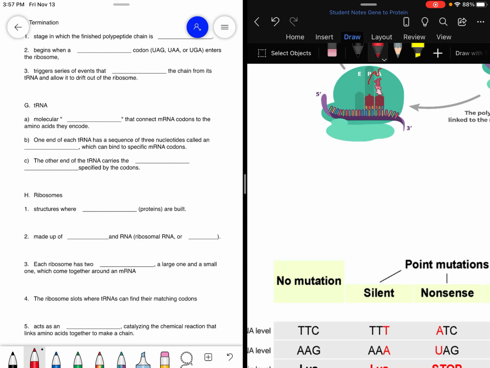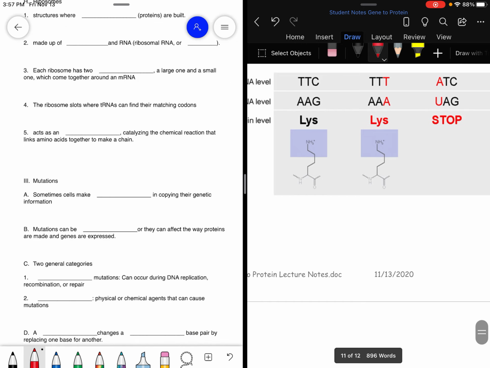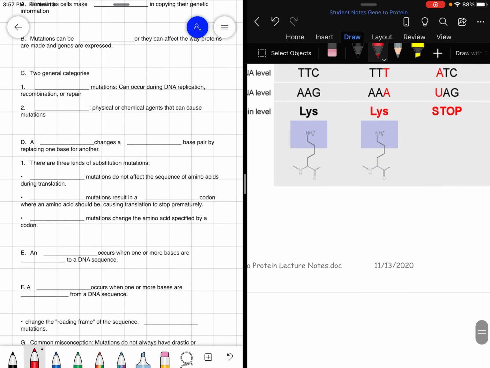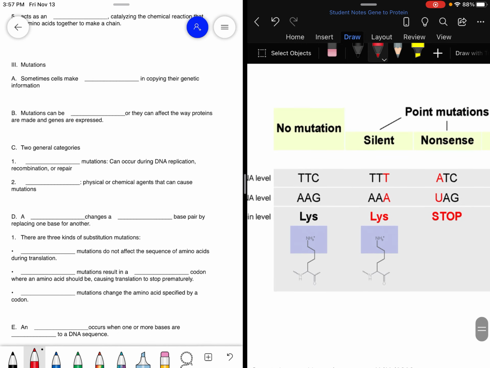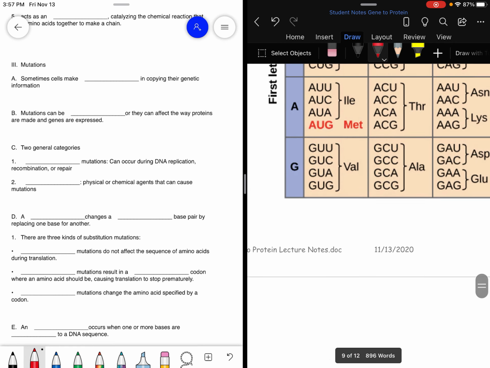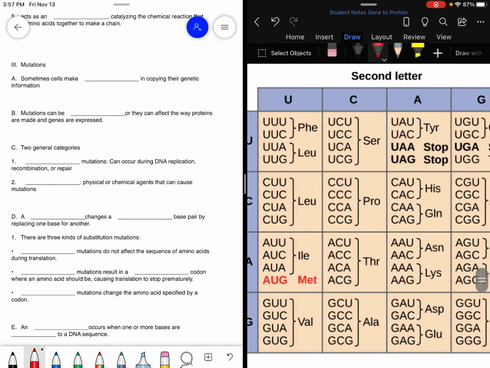Now remember, let me show you this lovely little chart here, because in our next video we'll talk about mutations, but before I do that, go back to the chart, here we go. Remember, there are 61 different letter combinations that only code for 20 amino acids.